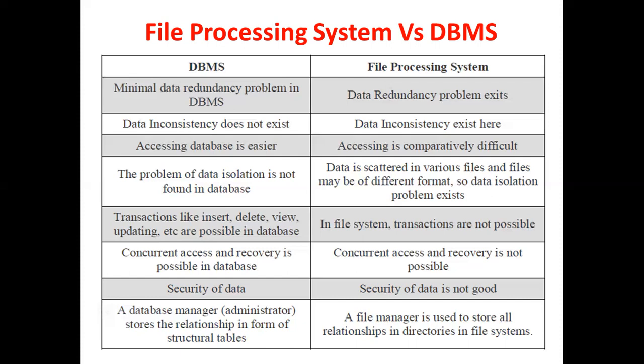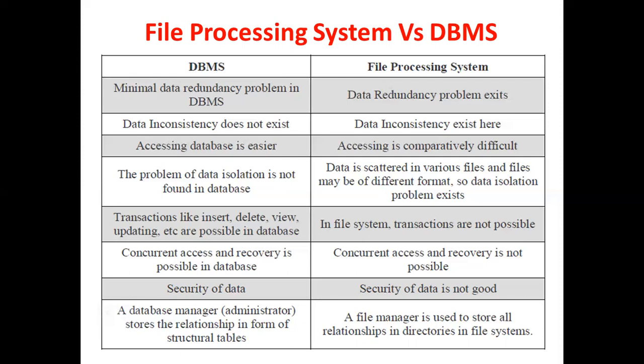We don't face this kind of problem in a DBMS because it is centrally located data, but this point is very serious in a file processing system. Data is scattered in various files, and files may be of different formats. So the data isolation problem exists in a traditional file processing system.